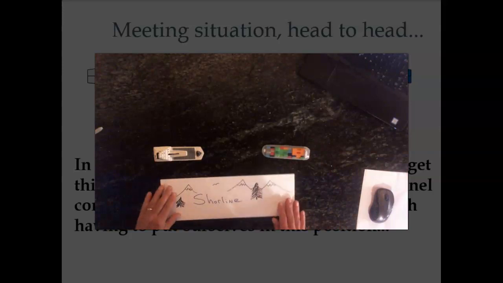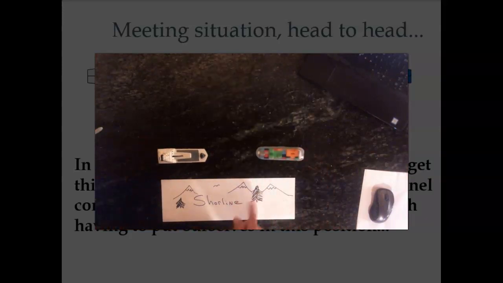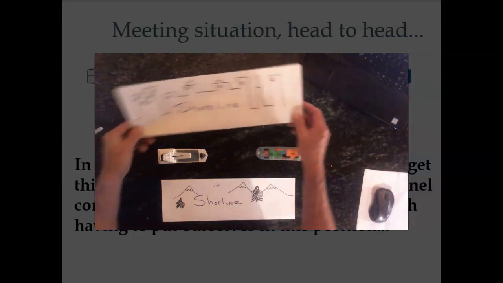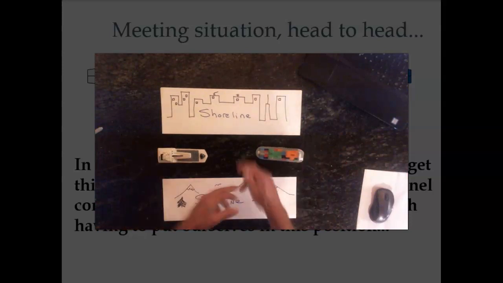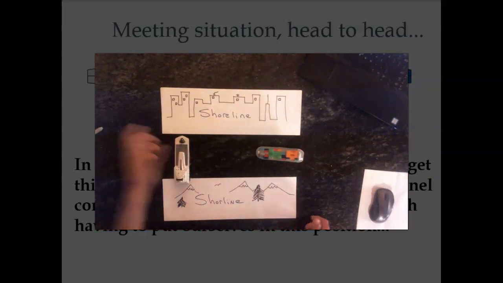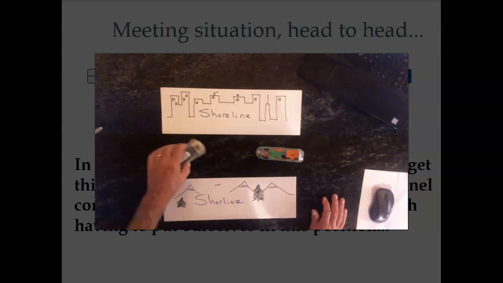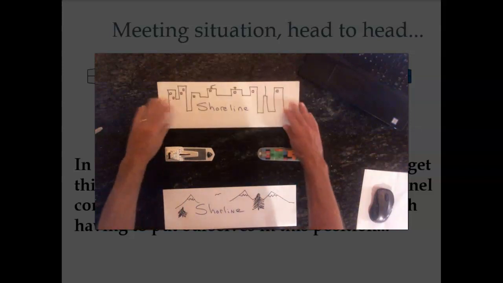But when we add that shoreline situation, let's say a country shoreline, a mountain on one side, and a city shoreline over here, we now have a narrow channel. How wide is the channel? The channel is about a ship length, so let's say 600 or 700 feet, and we'll make it a little bit bigger.